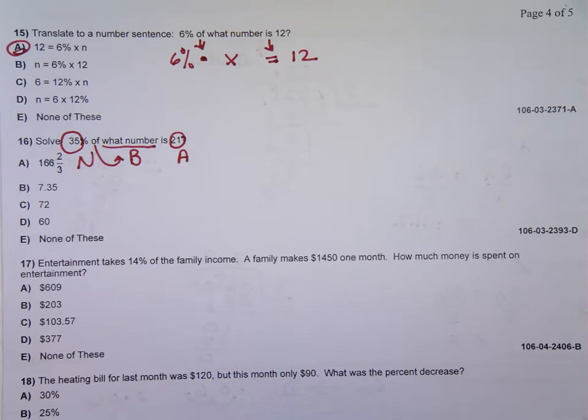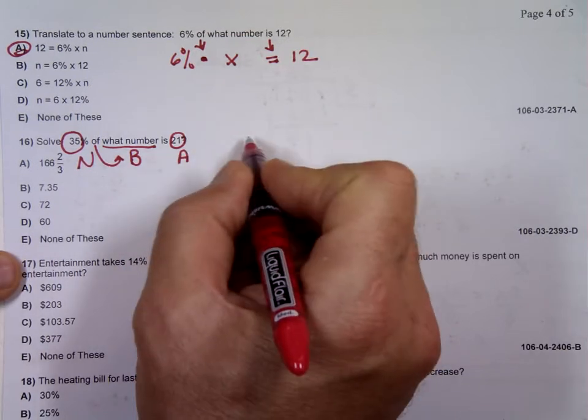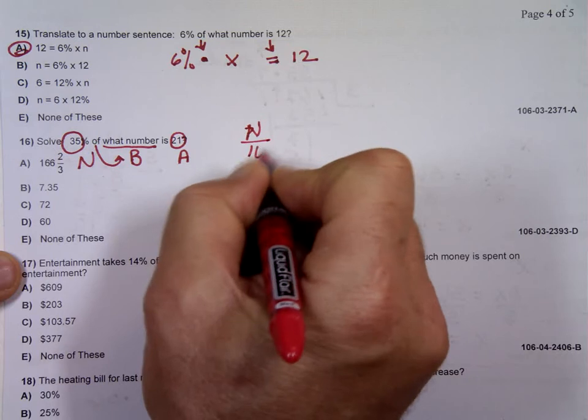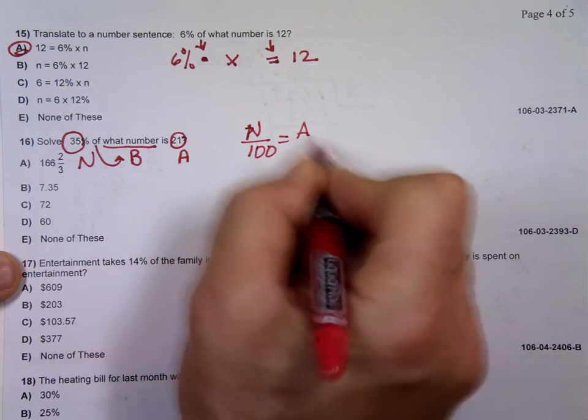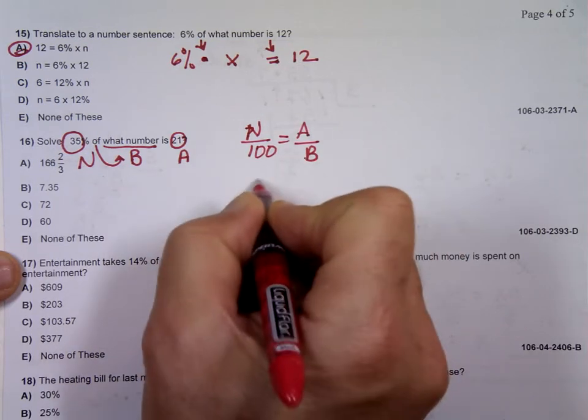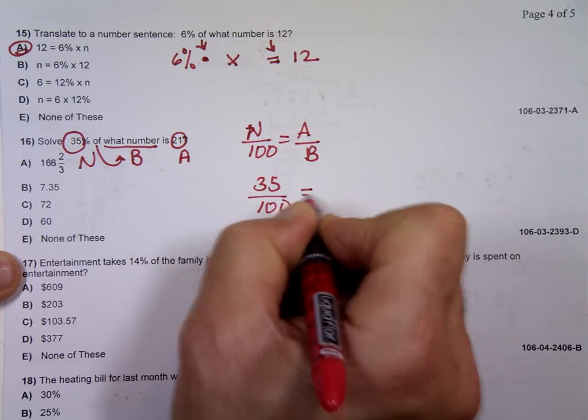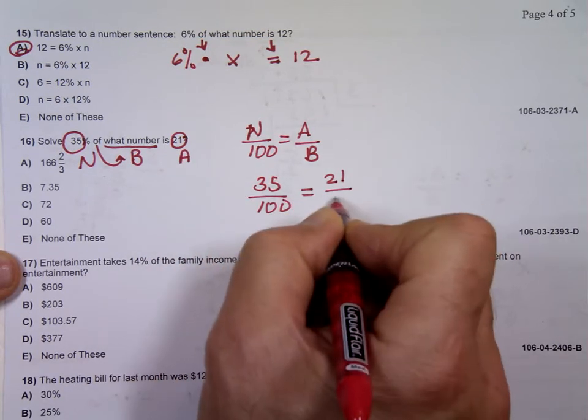35% of what number is 21? That's what the question is. So now let's take that. The equation is n to 100 is the amount to the base. 35 to 100, the amount 21 to the base, which is unknown.